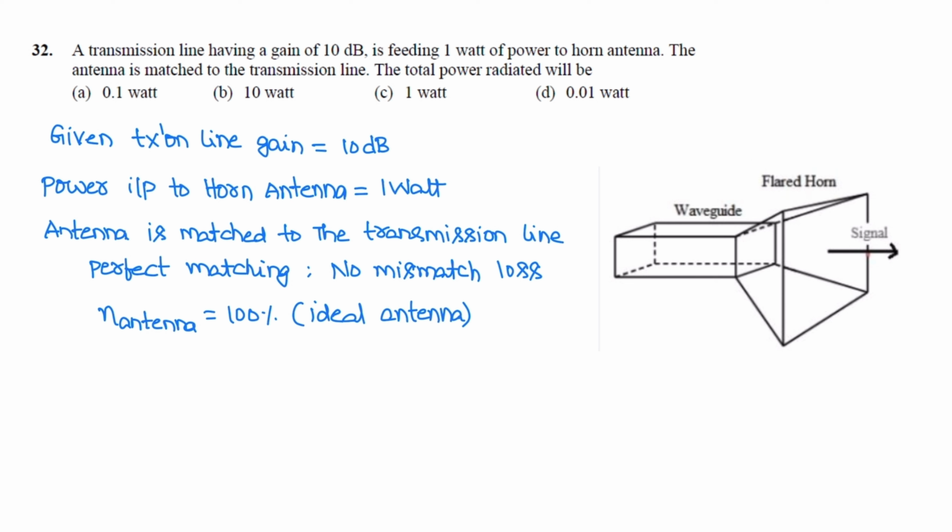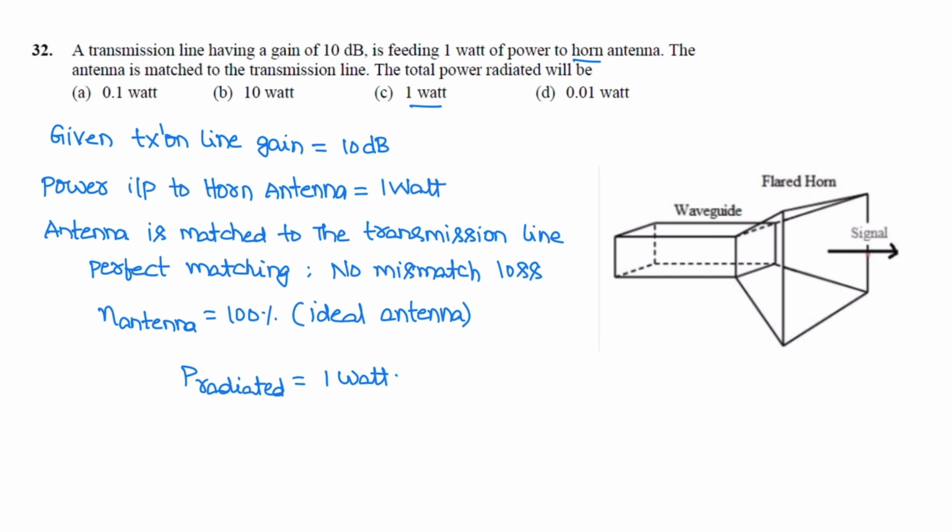For an ideal horn antenna, the power radiated will be the feed power, 1 watt. Correct option is C.